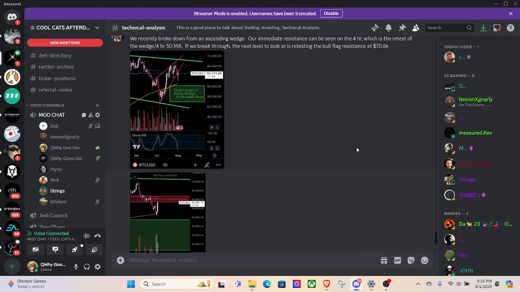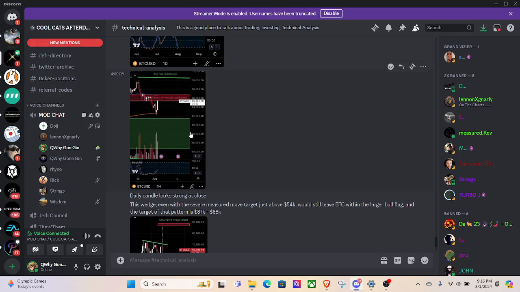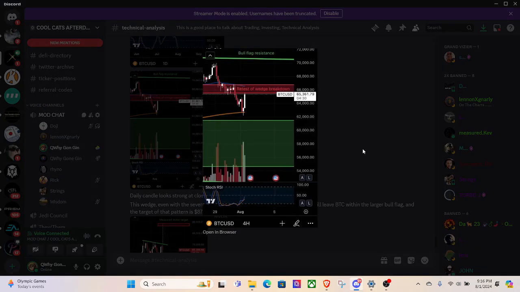All right, so we can go down to your 4 hour chart here. This is just to get a little bit more of a zoomed in perspective, but it's reiterating some of the same points: we have resistance overhead from that ascending wedge we broke down from.